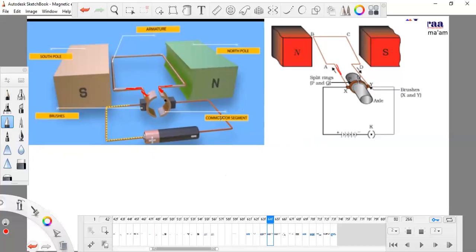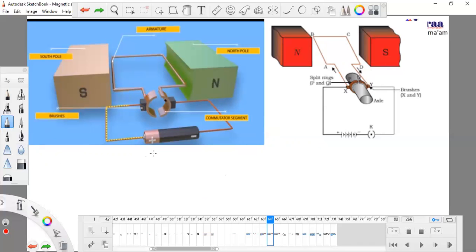The correct thing is written in our NCERT book, but the diagram is not correct, as they connected the armature with these brushes. In the incorrect diagram you can see the armature is connected with the brushes, but the armature is connected with the ring. So this is not the correct part.